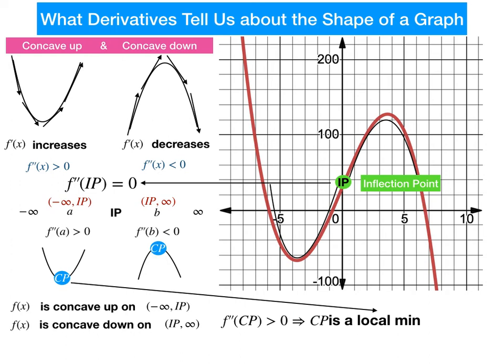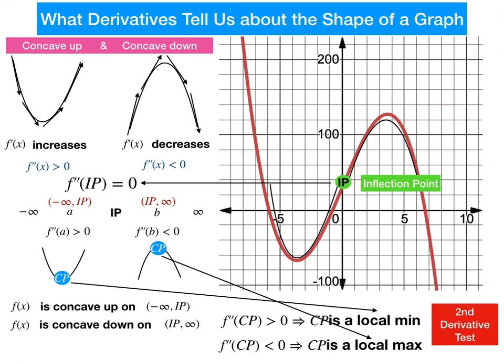And if you have a critical point that is located on a concave down interval, then the second derivative at that critical point should be negative. So then that critical point is a local maximum. Using the concavity of a function to identify local max and local min is what we call the second derivative test.